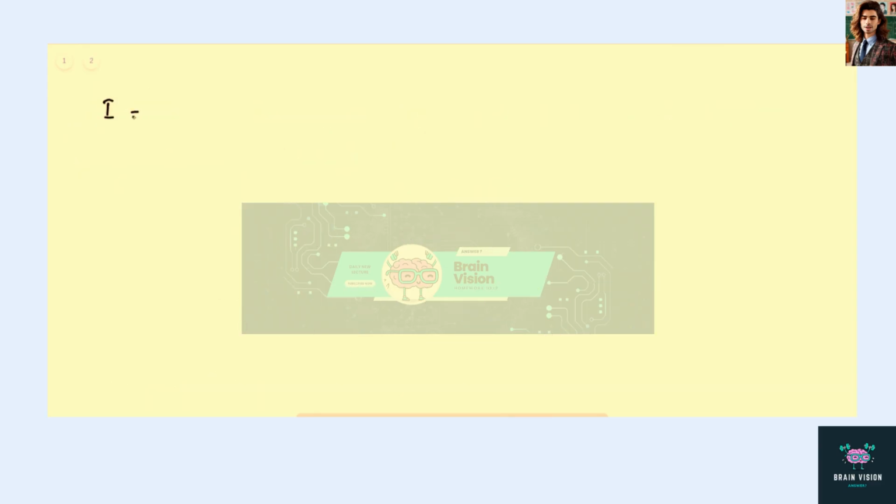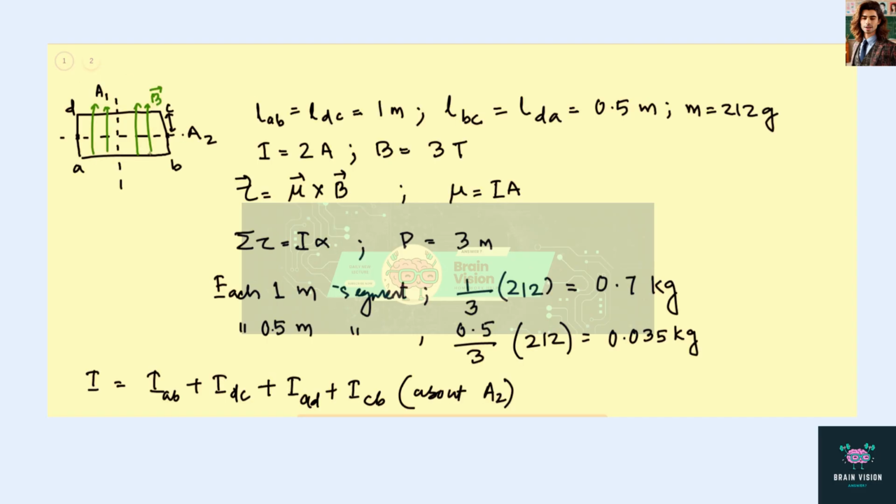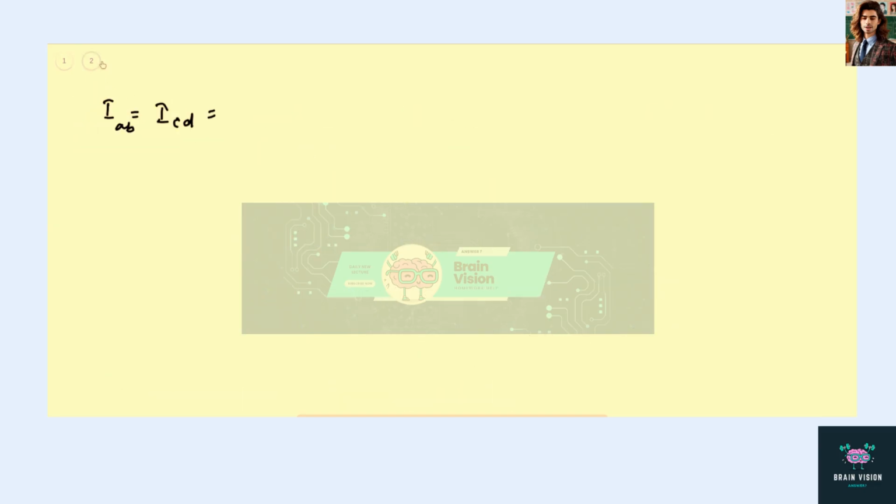We are treating AB and CD as point masses, so the moment of inertia will just be the mass of this segment times the distance from the axis, which is 0.25 meter.